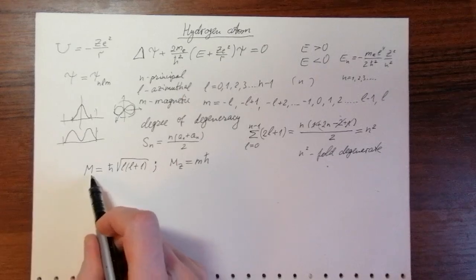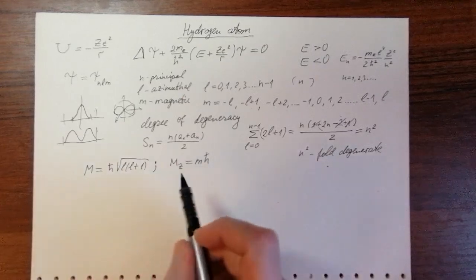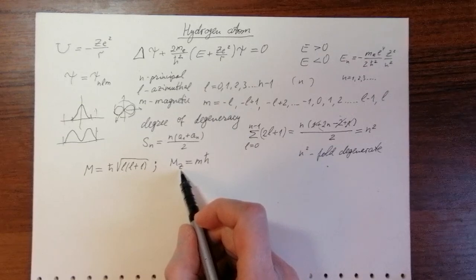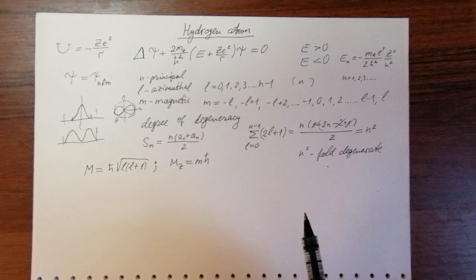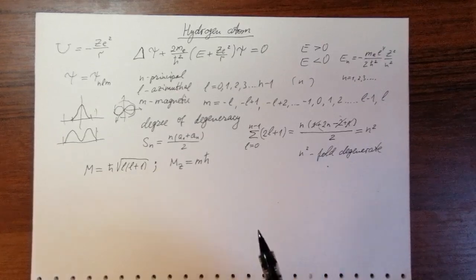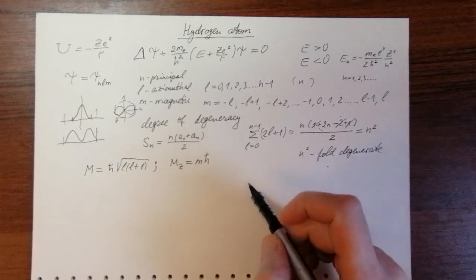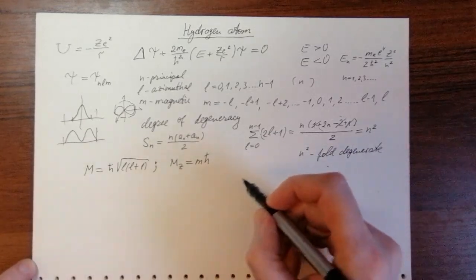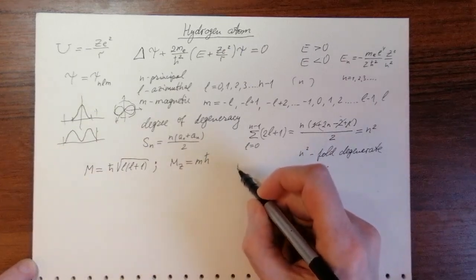So this is the angular momentum of an electron in an atom, and this is the projection of this angular momentum on some axis.